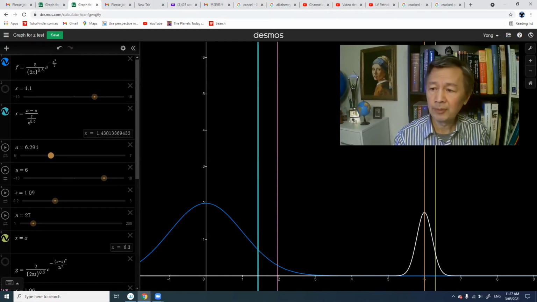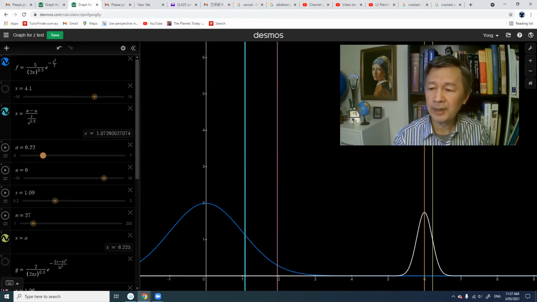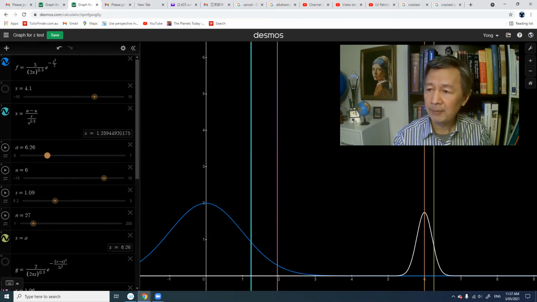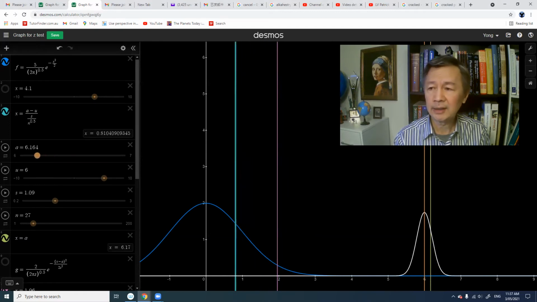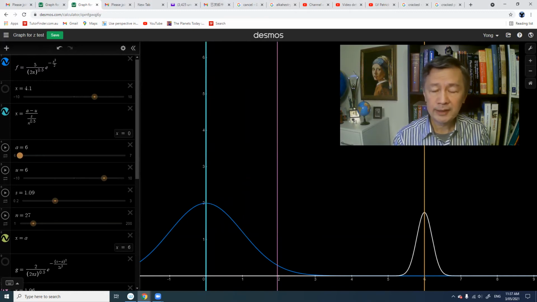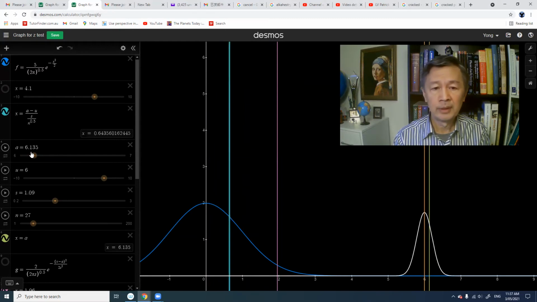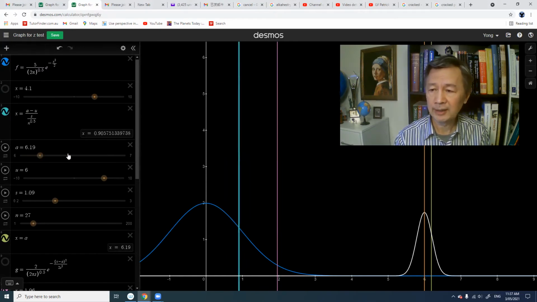Each time you will get a different sample mean, and that is how the sample mean can differ from the population mean. Here I consider a simplified version, assuming the sample mean is always larger than the population mean. If the sample mean increases, you will see the green vertical line shift.